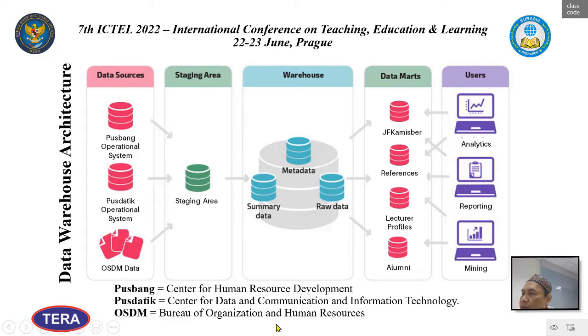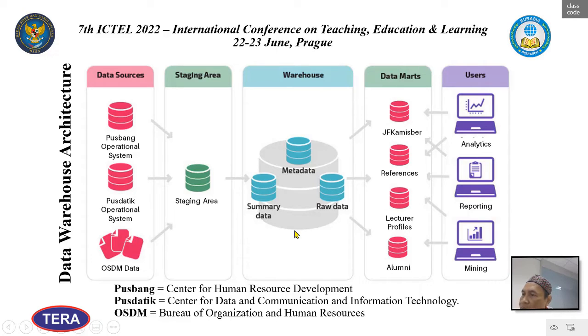Then the data sources enter the staging area. This one is the staging area, in the staging column. Here is the ETL process. The data will be extracted, transformed, and loaded. In other words, before the data can be put into a data warehouse, all important data must first be properly available.